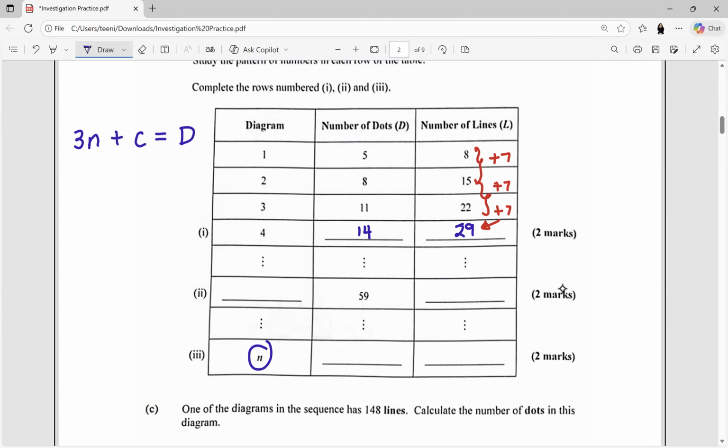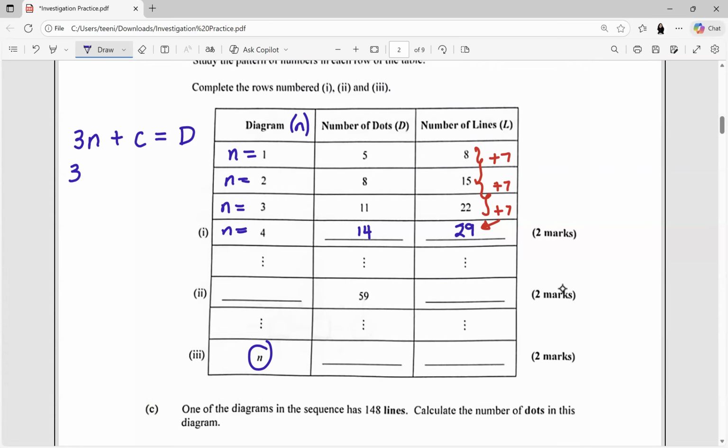And let me show you what that means literally with the numbers here. If the diagram number is n, here n is 1, n is 2, n is 3, and n is 4, right? Let's use one of the actual values that they gave us.